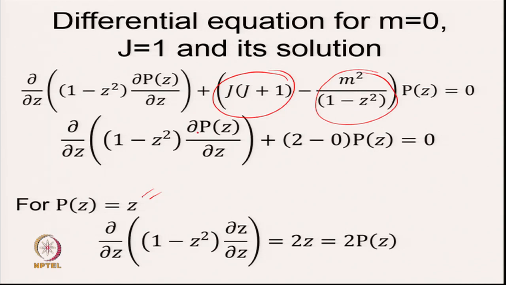If we replace p z by z, then del z by del z cancels out. So, 1 minus z square, and the differential of that is 2 z. This will be minus 2 z, so this is minus 2 p z, and minus 2 p z plus 2 p z will be 0. The solution for the differential equation which we got for m is equal to 0 and j is equal to 1 will be z multiplied by some constant.